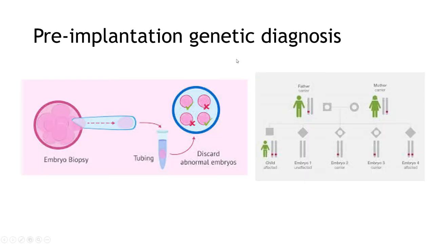So we talked before about pre-implantation genetic diagnosis. Pre-implantation genetic diagnosis can be used to identify single gene disorders and chromosomal abnormalities within the embryo. So if we have, say, 8 embryos which are fertilized in our culture dish, we would implant the embryos which do not carry these diseases.